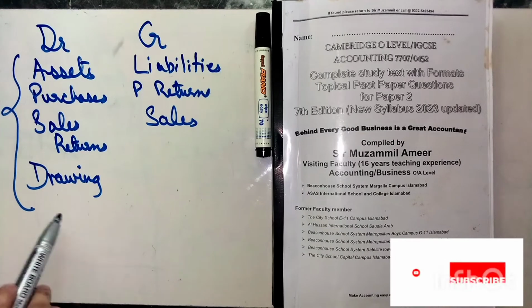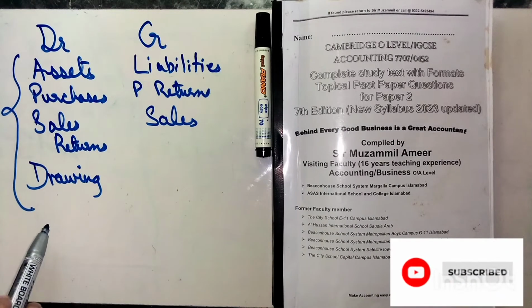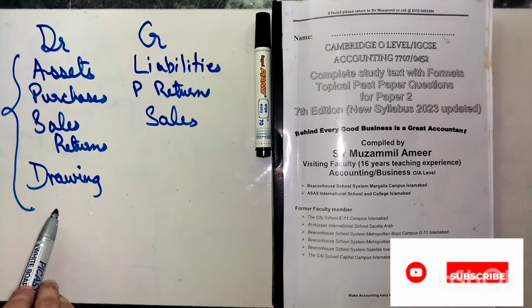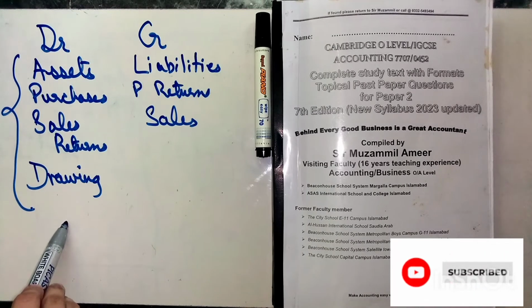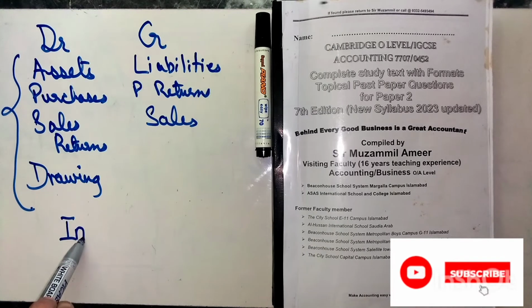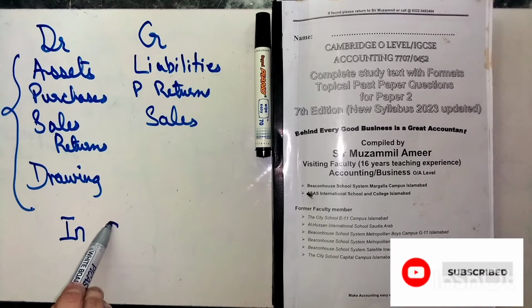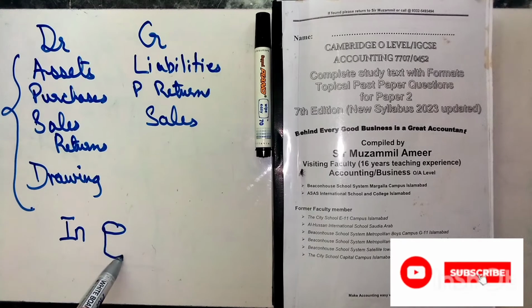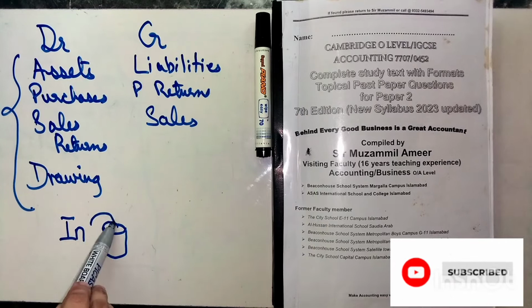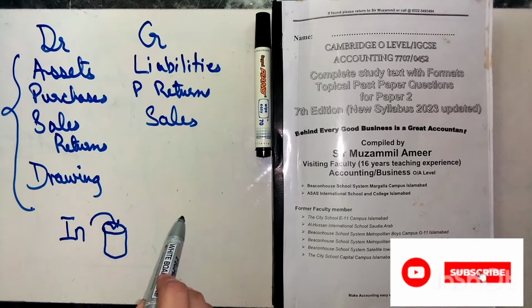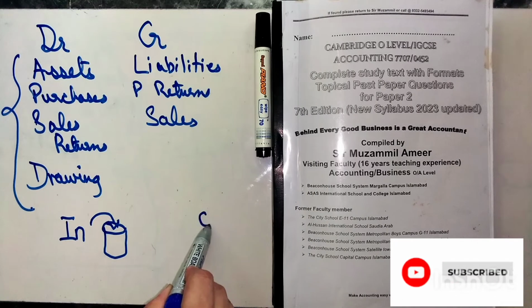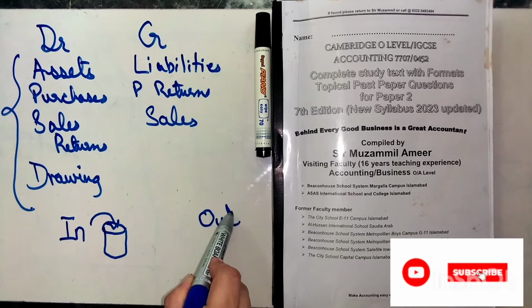Now, before starting off with the journal entries, let's consider debit as in. Means if you put something into a basket, it is more like in. And credit is going to be out.